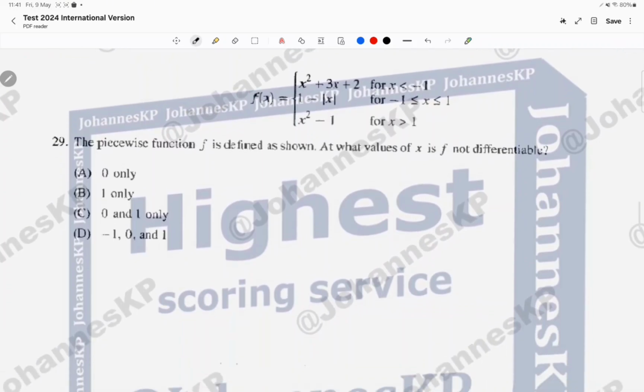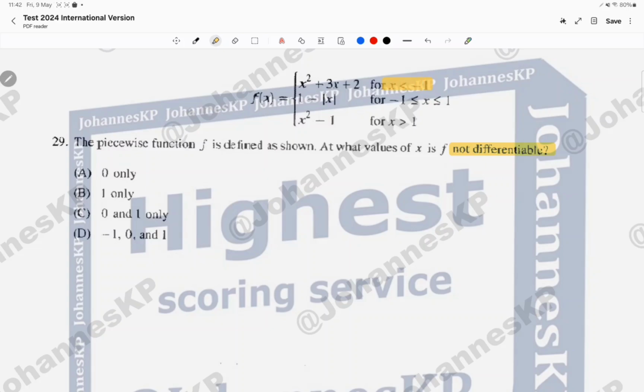Okay, question 29. Whenever they ask where it is not differentiable, you must first check the continuity. Check where it's not continuous first, because if it's not continuous, it's not differentiable either. So how do we check what's going on? Check with the endpoints.